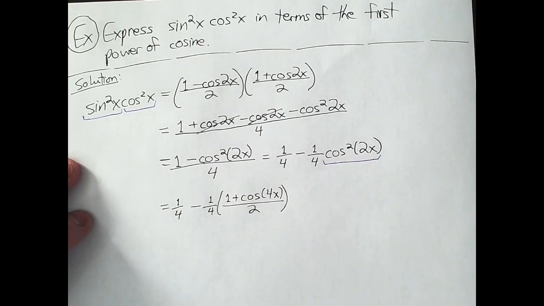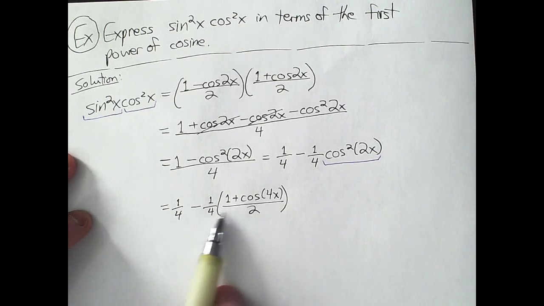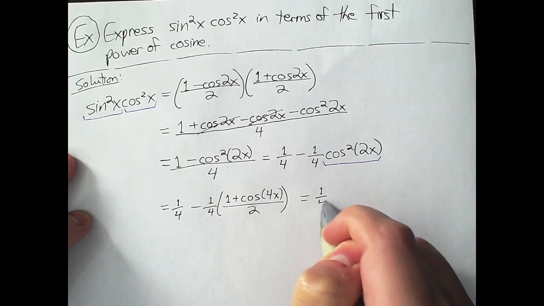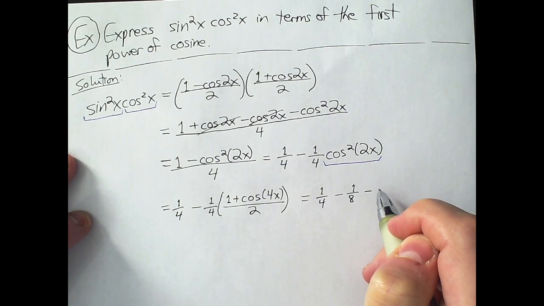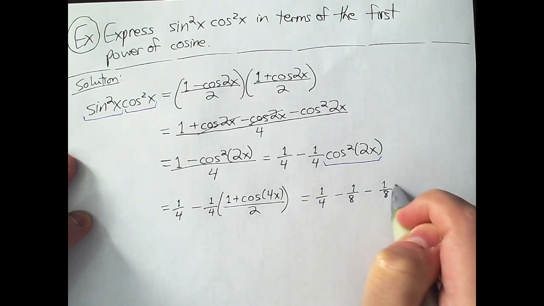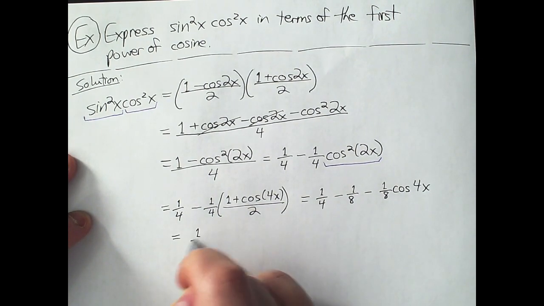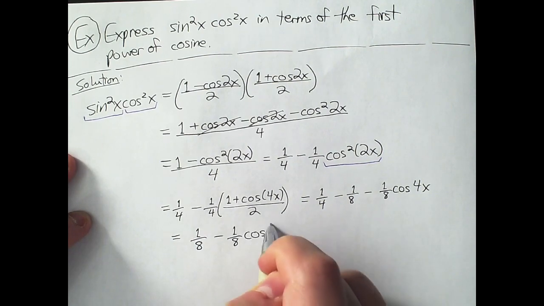One more thing I'll do, because now we've got a fraction, there's a 2 down here. What if we combine the 4 and the 2? That would be nice. So I did a couple more simplifying steps. I said this is 1/4 minus 1/8 cosine 4x, which is 1/8 minus 1/8 cosine 4x.